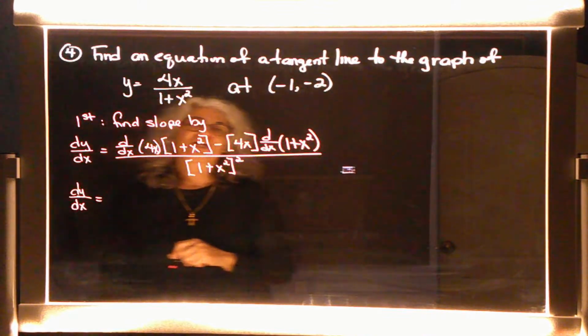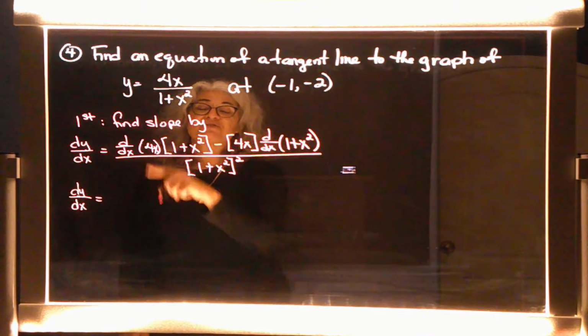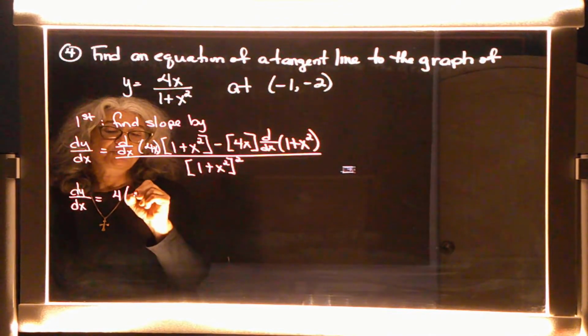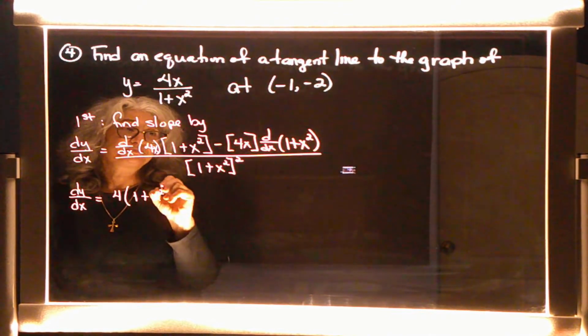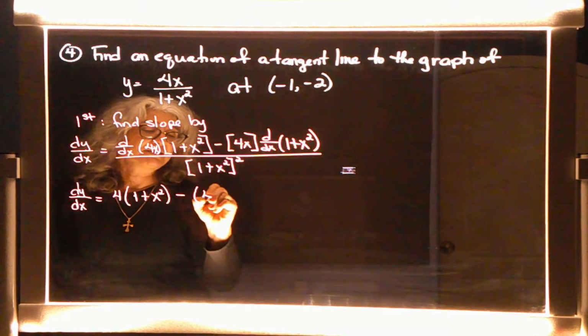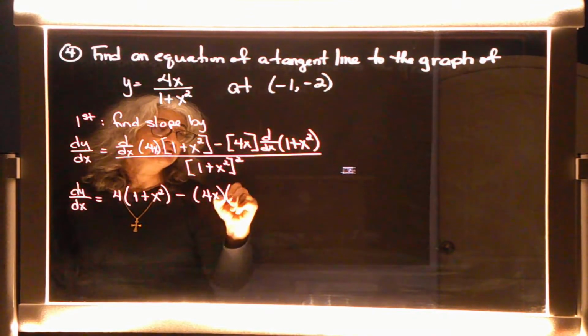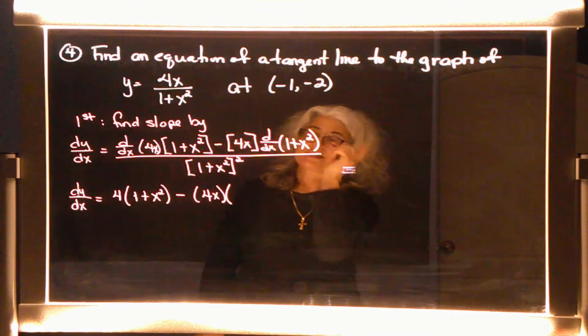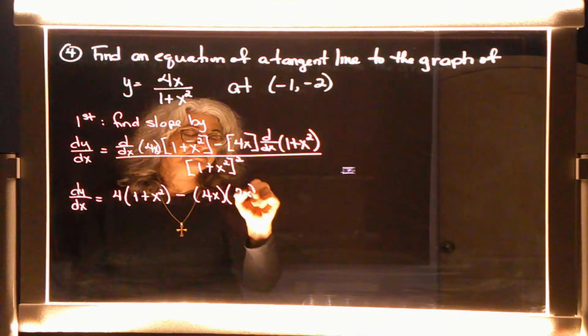Okay. So I need the derivative of 4x. What is that? Good, just 4. I'm going to multiply it by the 1 plus x squared. And then I'm taking this 4x and I'm multiplying it by the derivative of 1 plus x squared, which is 2x. Good job.